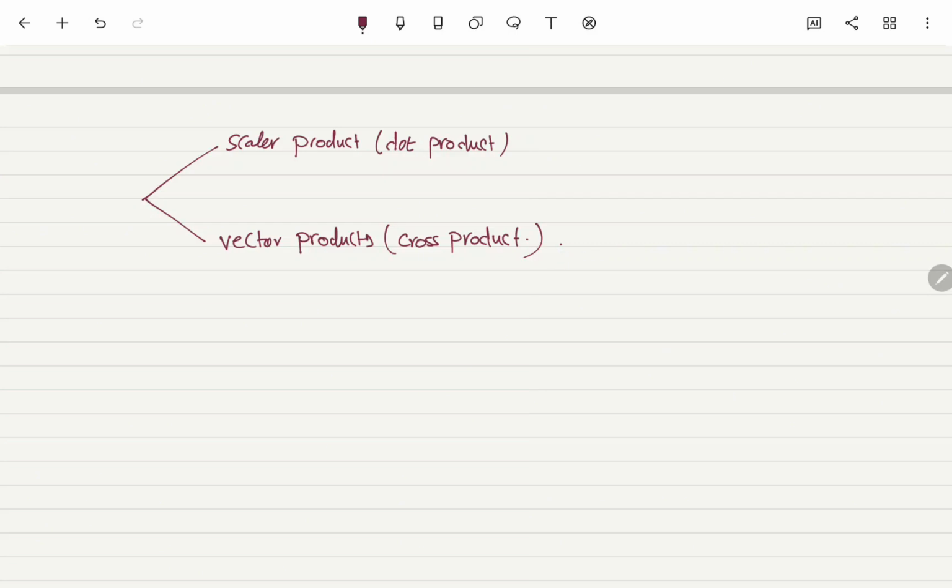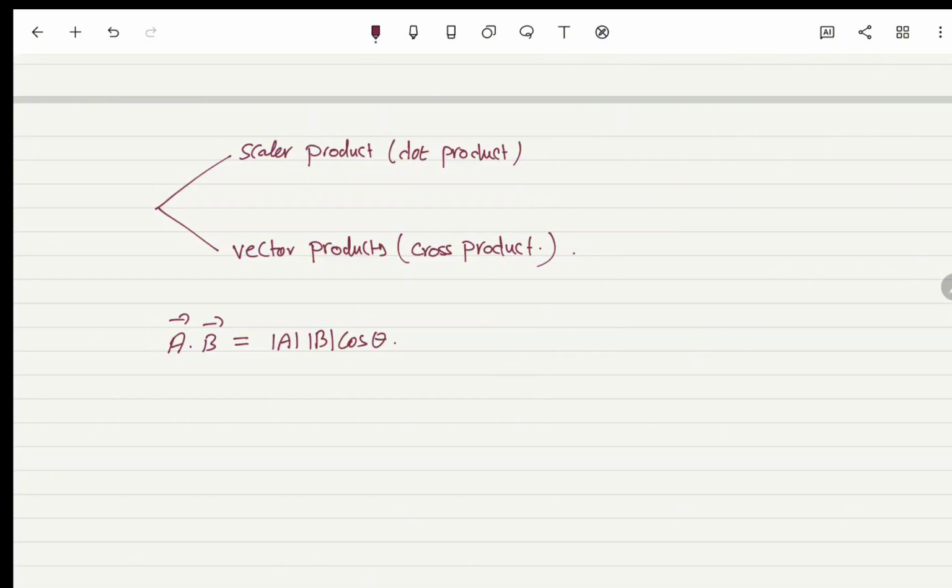Let's start with scalar product or dot product. When you dot product two vectors, a dot b, it's equal to the magnitude of a, the magnitude of b, cosine theta. When you dot product two vectors, the answer is a scalar quantity.